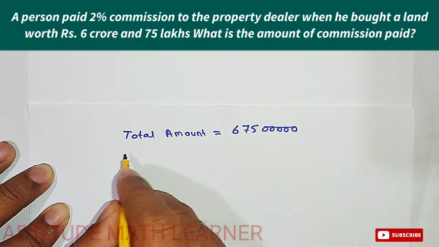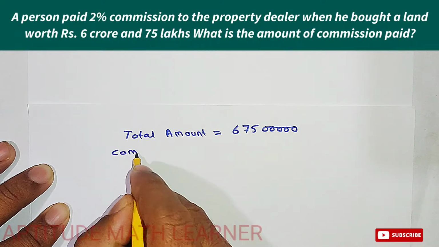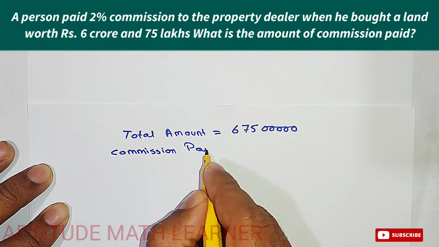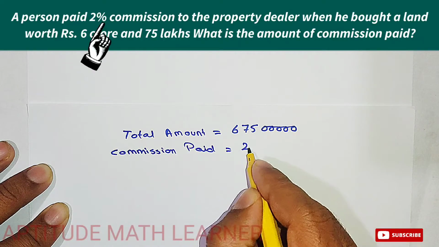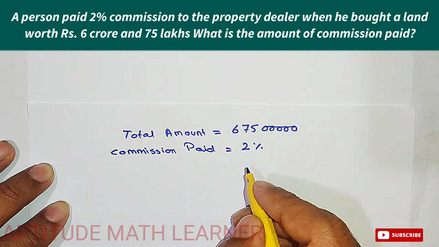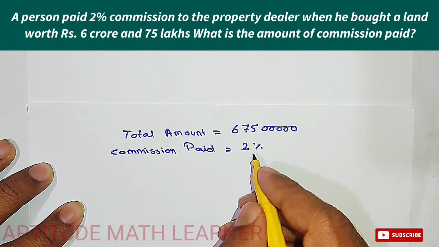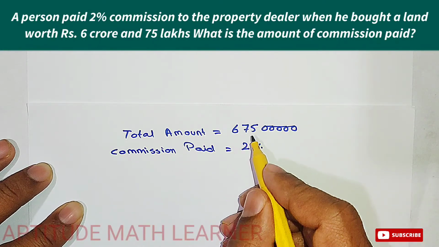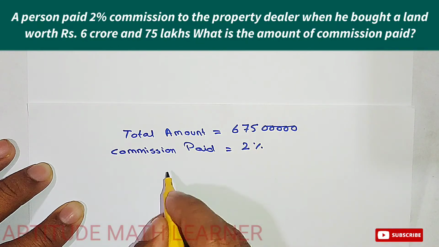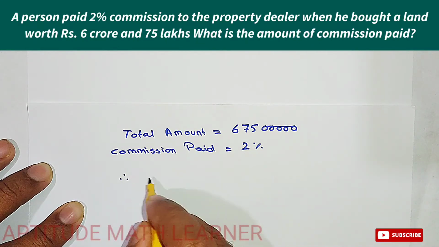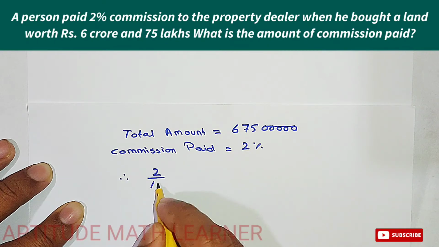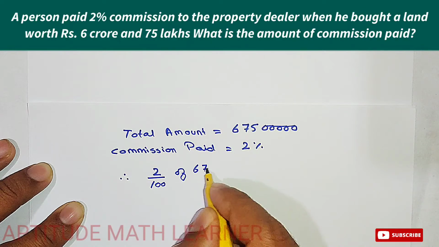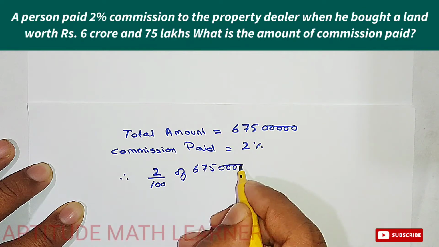So here the commission paid is 2%. So the first thing we have to take is 2% of 6 crore and 75 lakhs. So therefore, 2% of 6 crore and 75 lakhs.